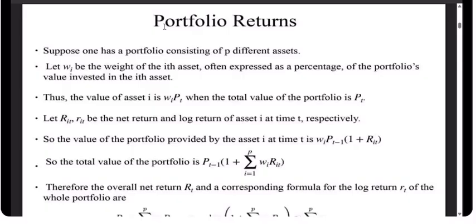Okay, they diversify, and the reason why they diversify is because if a particular asset performs poorly, they are going to be compensated with the other assets, provided they don't correlate.